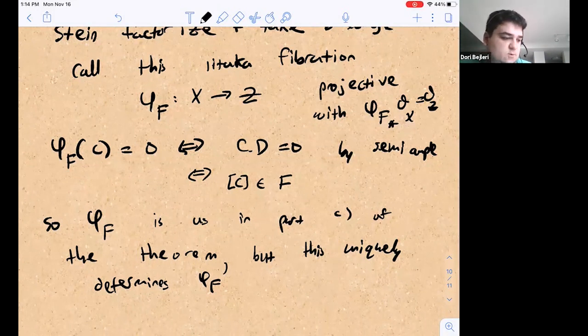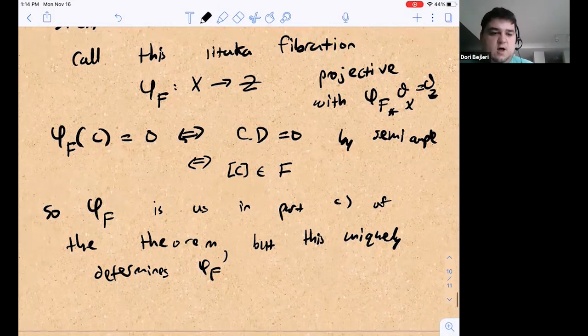Okay, so we're almost done, but maybe it's better to stop here for today than to stop in the middle of a step. What's left is that now that we have our unique extremal contraction, this tells us that there are rational curves, because if phi doesn't contract any curves, then it has to be the identity because it has connected fibers, so it can't be finite.